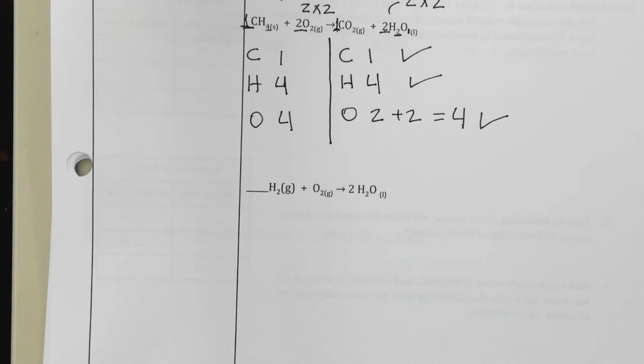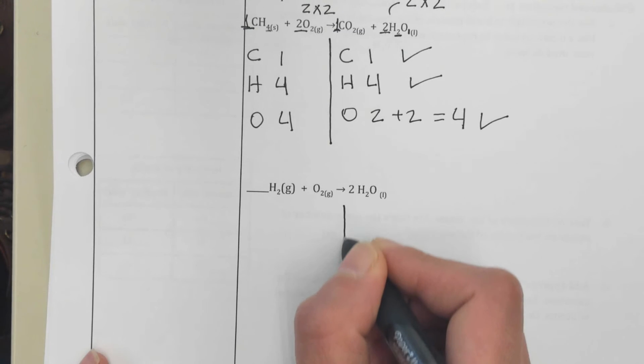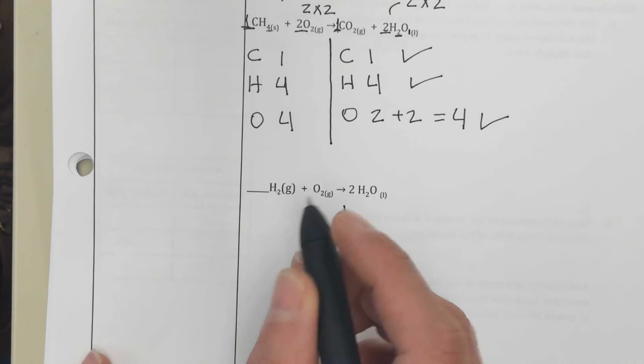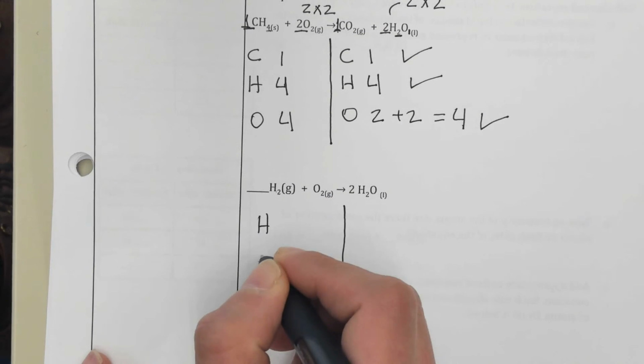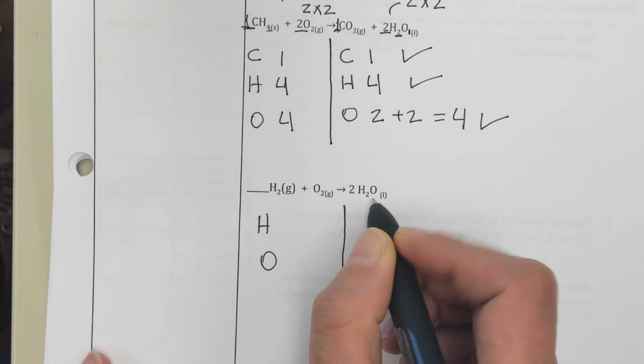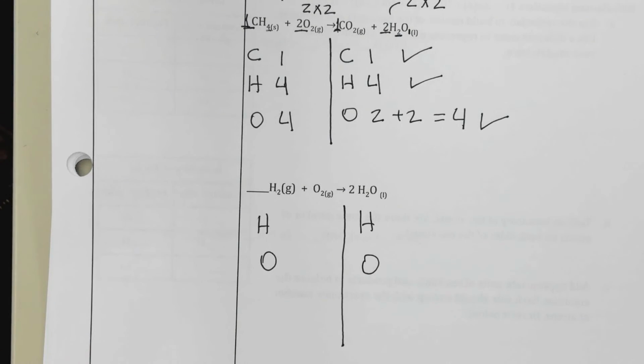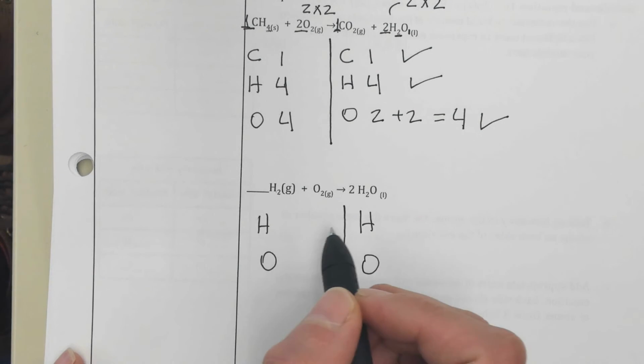Alright, example number 2. Again, draw a line. Find what elements are present. You have hydrogen and you have oxygen. On this side, you have hydrogen and you have oxygen. Now let's find out how many of each are present.